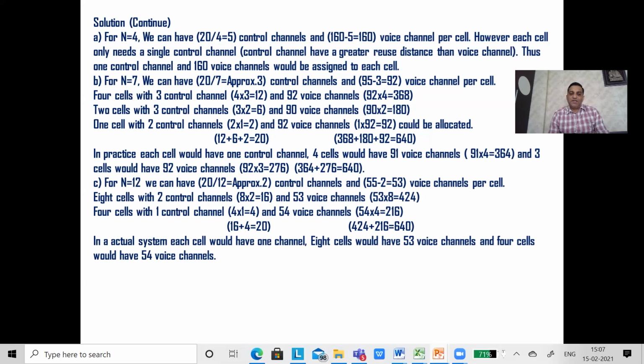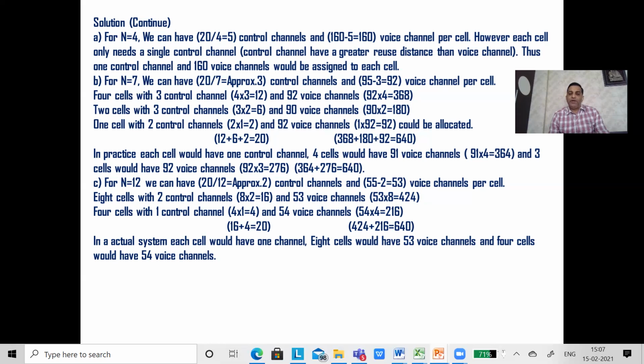So for system C, for n is equal to 12, we can have 20 by 12, that is approximately 2 control channels, and 55 minus 2, that is 53 voice channels per cell. So the division of 12 cells can be 8 cells with 2 control channels, that means 8 into 2, that is 16, and 53 voice channels, that means 53 into 8, that is 424 voice channels.